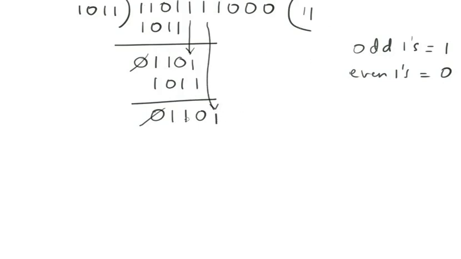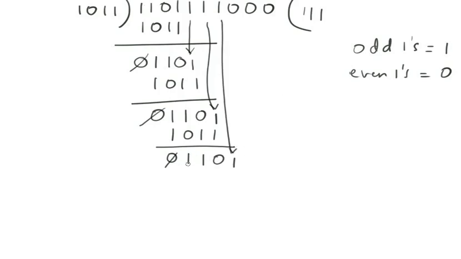Again we have the starting bit as 1, so again put a 1 here, multiplied by 1 0 1 1 is again 1 0 1 1. Now even number of ones is 0, odd number of ones is 1, odd number again 1, even number is 0. Discard the 0 bit, then again bring the next bit here, which is 1.